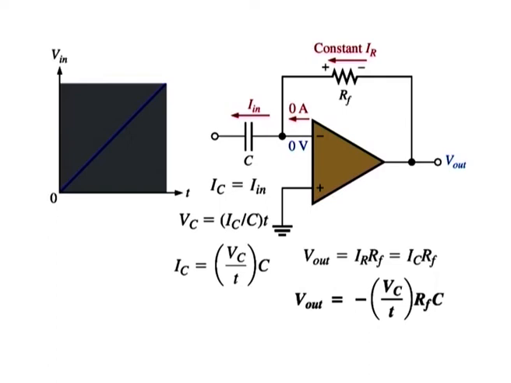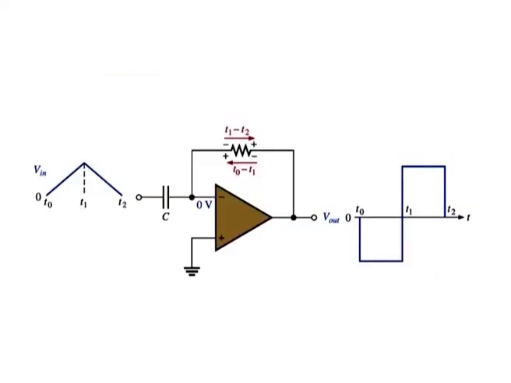Therefore, V out is equal to minus Vc over T into Rf into C. The output is negative when the input is a positive going ramp and positive when the input is a negative going ramp as illustrated in the figure.